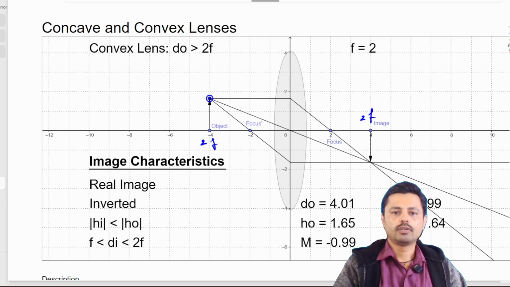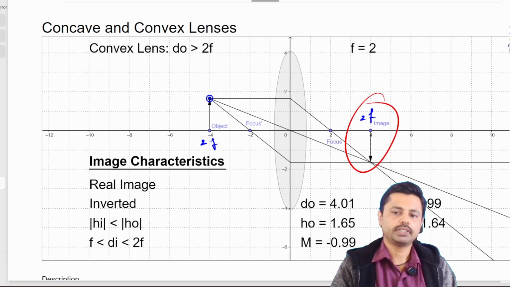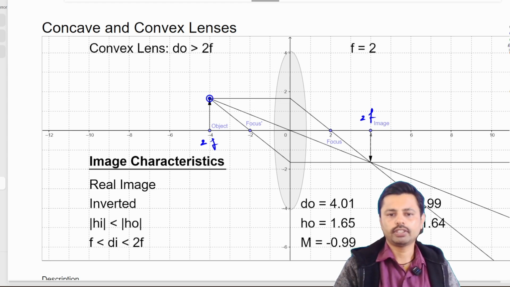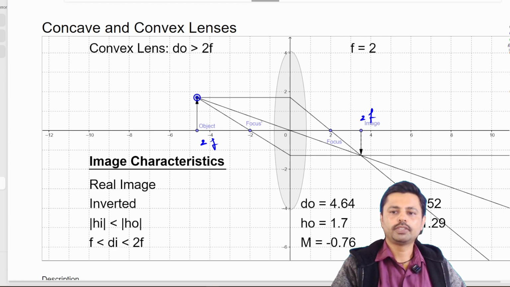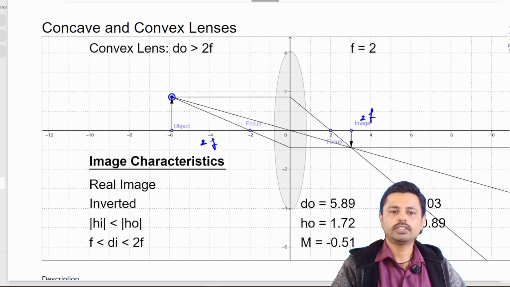Now, observe, at this position, is the object bigger or the image smaller or bigger, something like that? Both are equal, you can see, and one is upward, the image is downward, means vertically opposite. Now, let us change the position and see what is happening. The farther the object is going, you see the image is coming closer.